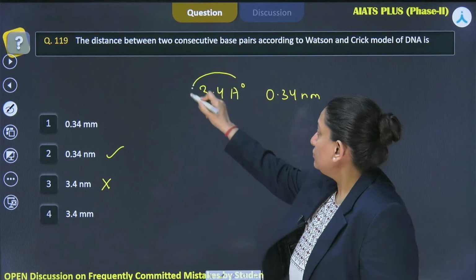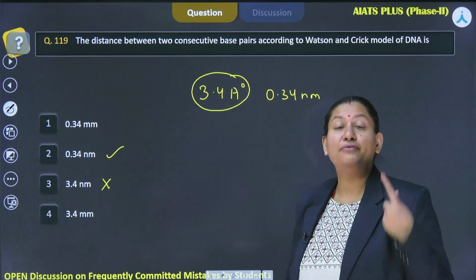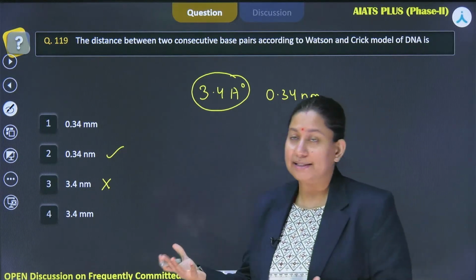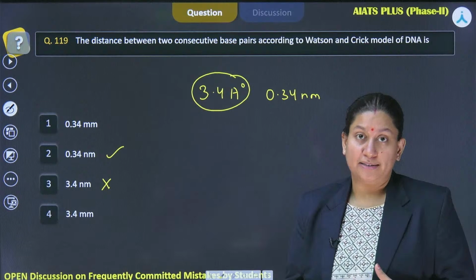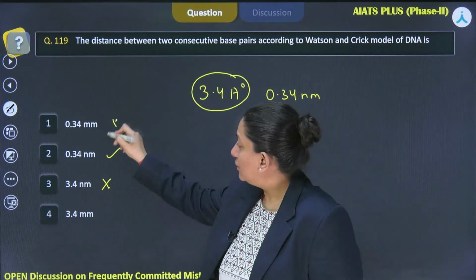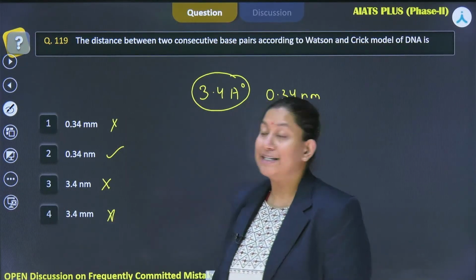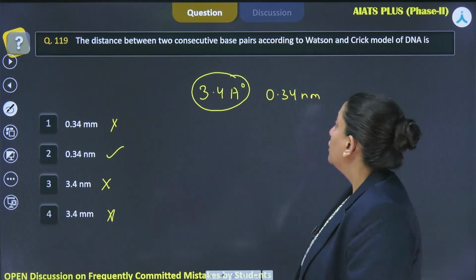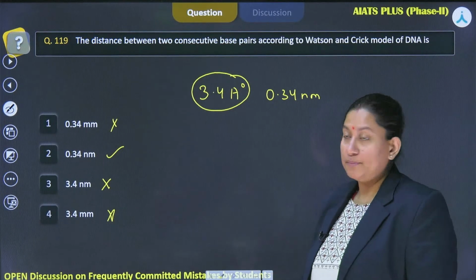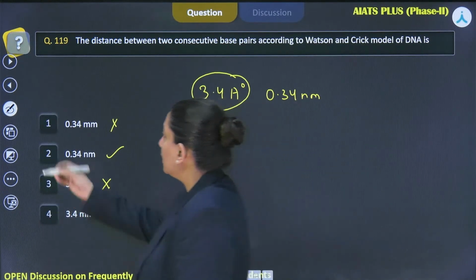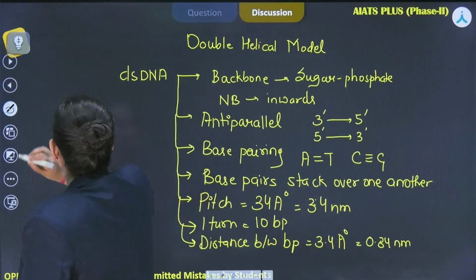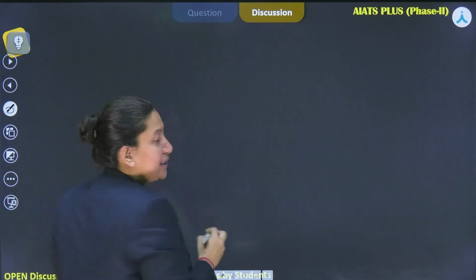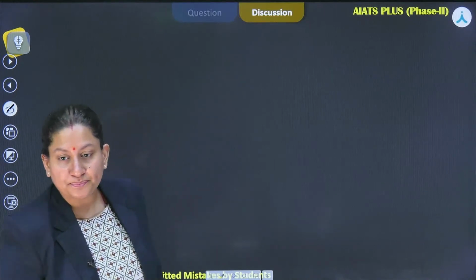Nanometer is on the 10 to the power minus 9 scale, while angstrom is 10 to the power minus 10, right? So option number 2 correctly depicts the distance between two consecutive base pairs, right? So this is how we'll be solving this question. Now, as the student is asking about the lac-operon, okay, let's quickly revise that concept.